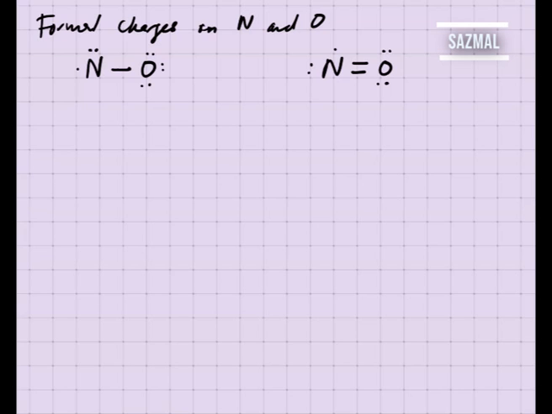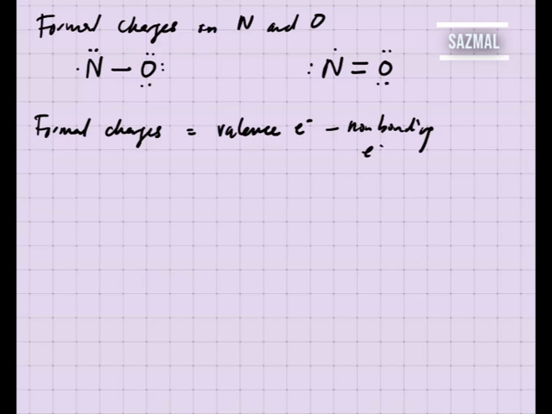Right, so the formal charge on each of the atoms can be calculated as valence electrons minus the non-bonding electrons minus the bonding electrons divided by 2.